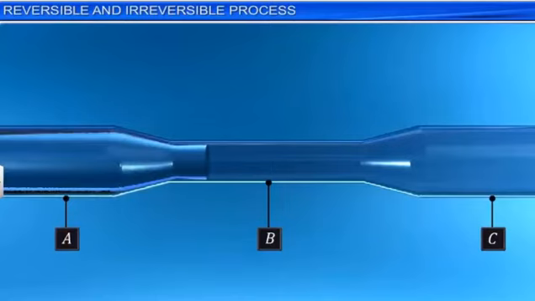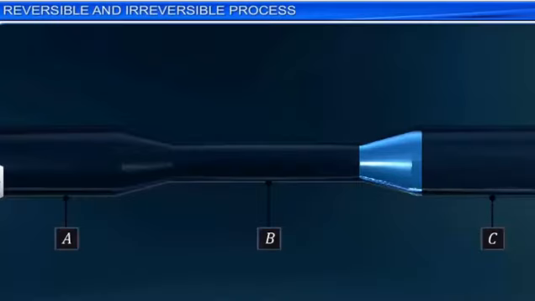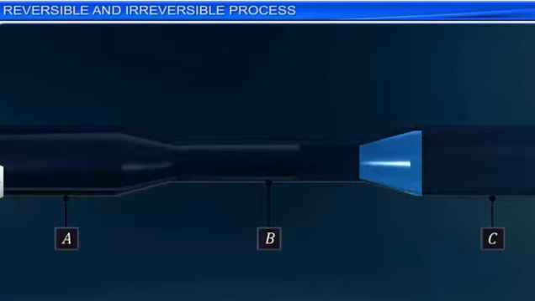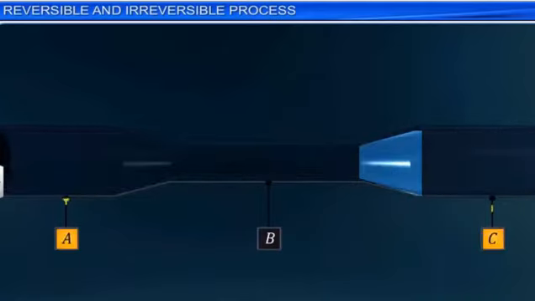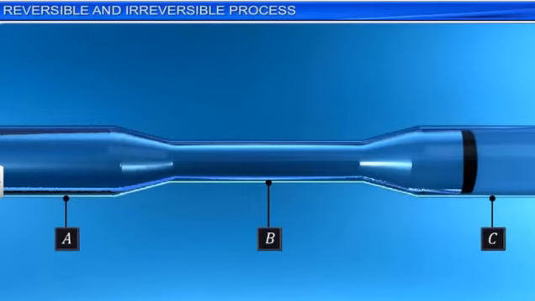The complete reversibility of this process is possible only if the liquid is non-viscous. This means the speed of the liquid is the same at A and C only if the liquid is non-viscous. However, in real life, this does not happen.